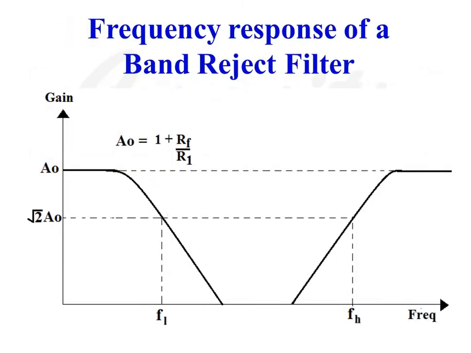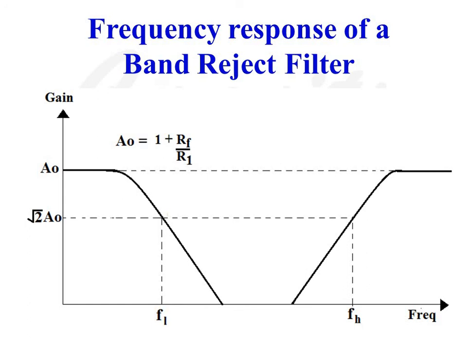Now this is the frequency response of a wide band reject filter. The cutoff frequencies are denoted as FL and FH. For frequencies less than FL, output is 1 plus Rf by R1 into Vin.